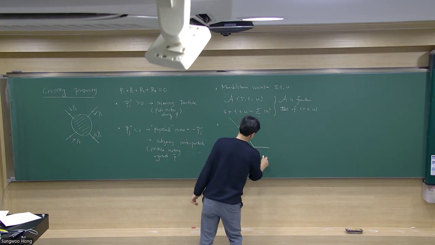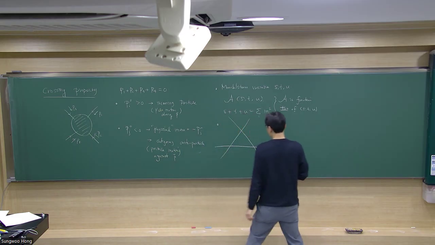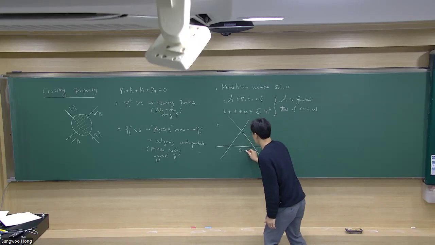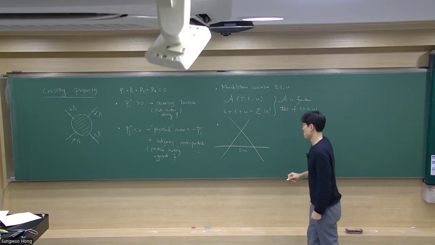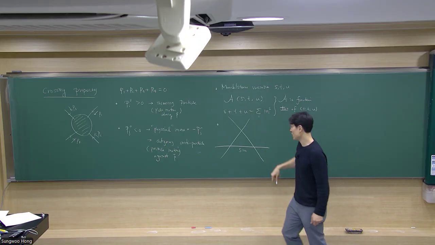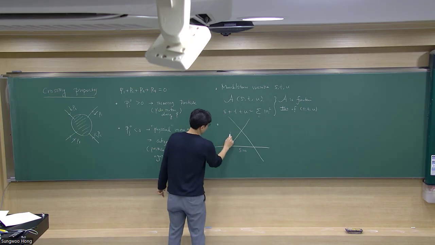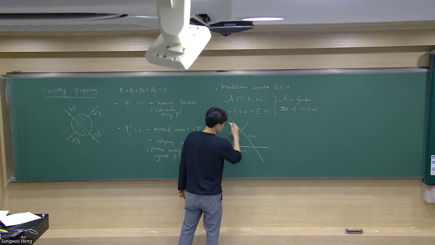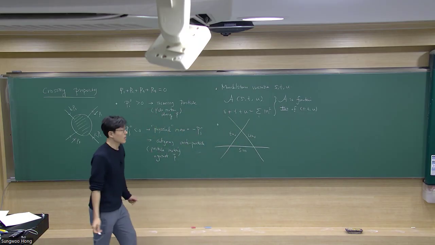So this is the Mandelstam plane. So this S increases starting from here up, okay? And this is literally plotting this constraint equation I just showed, right? Increasing as you move in space. And then this is T, and T increases towards that. This is U, and then it increases towards that.